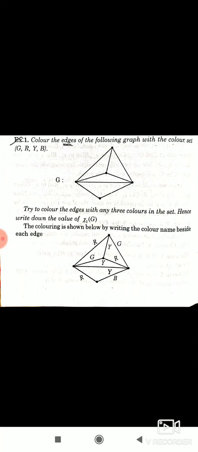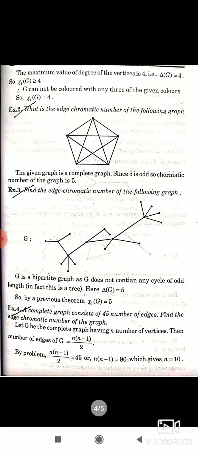The coloring is shown below by writing the color name beside each edge. The maximum degree of a vertex is 4, so delta(G) is 4 and chi1(G) is greater than or equal to 4. G cannot be colored with any three of the given colors, so chi1(G) equals 4.